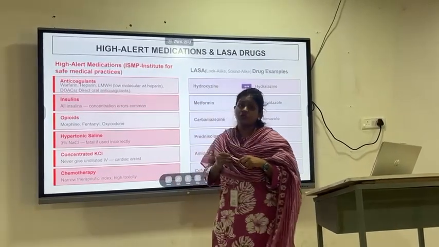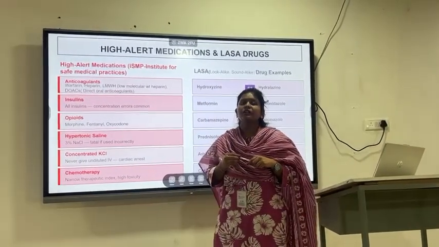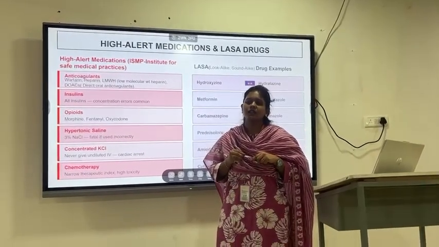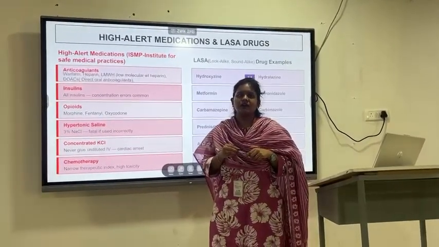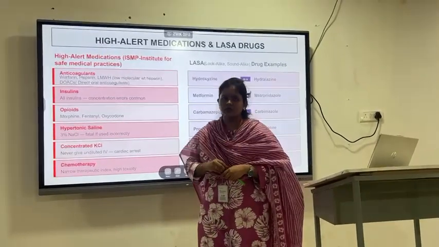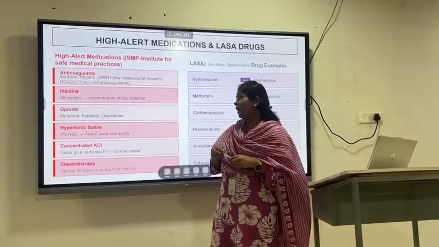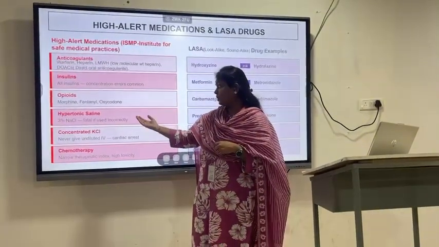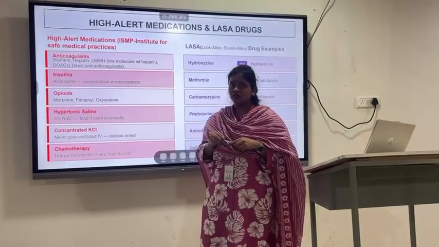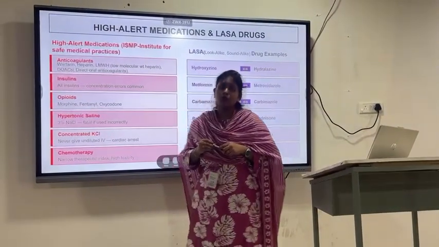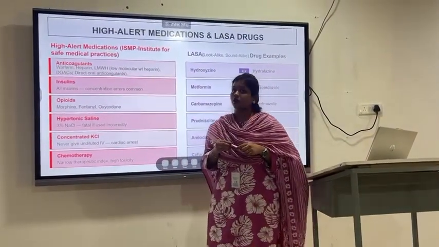Whereas with insulins, if they are not given at the proper time, hyperglycemic or hypoglycemic conditions may occur, resulting in drastic changes and serious effects on other organs in the body. Opioids lead to addiction, and hypertonic saline, if not given properly, causes death. And concentrated KCl, if not given in diluted form or given in higher concentration, causes severe effects.